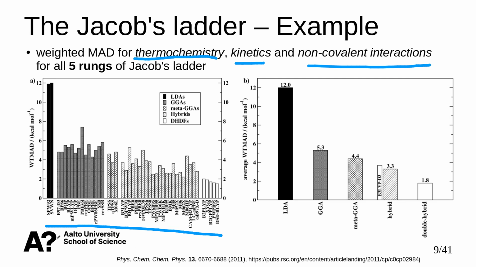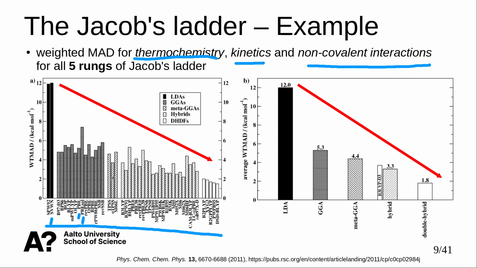For example, there's a PBE at some point. Here's a PBEsol, which is an optimized version for solids. There's a normal PBE. That's the SVWN. That's quite a known LDA, for example, and so on and so forth. We don't have to check all of them, but you see a clear decrease, right?